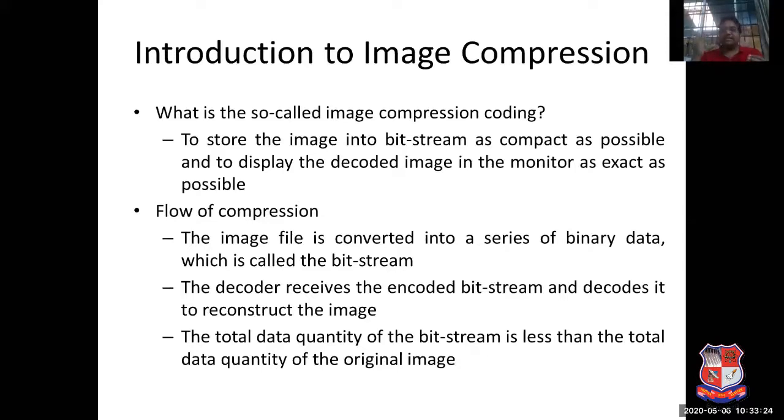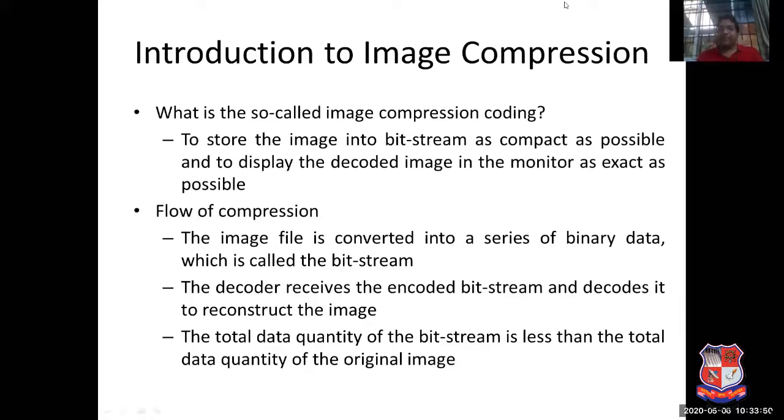You can see that 10 cross 10 is a very, very small image, but still it occupies 100 bytes without compression. So just imagine if we have a 1000 cross 1000 image, or a 2000 cross 2000 image. Let's say we have a video, and we know that in 1 second there are approximately 15 to 20 to 25 frames.